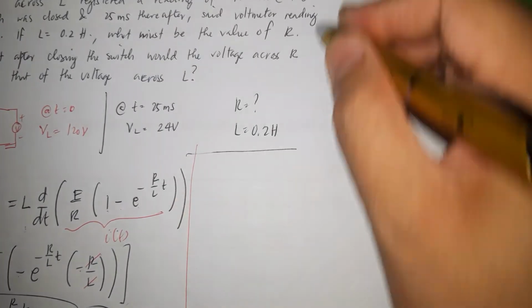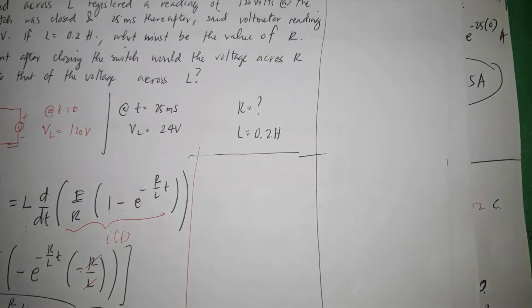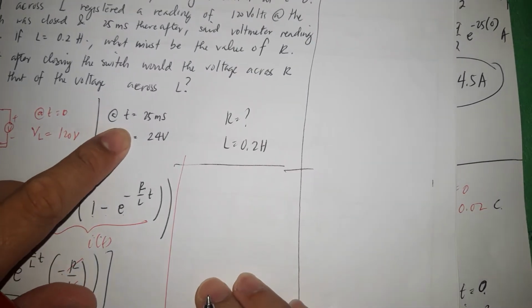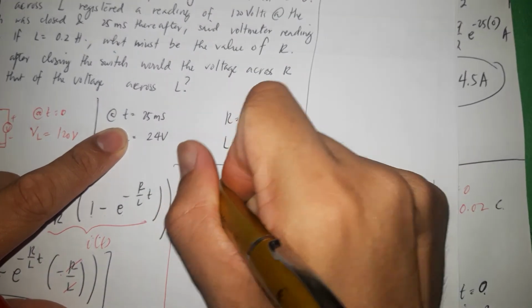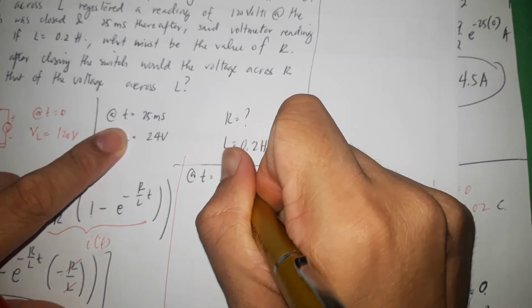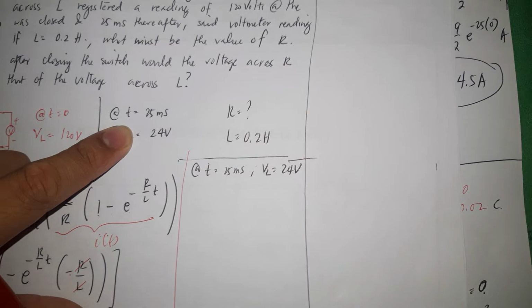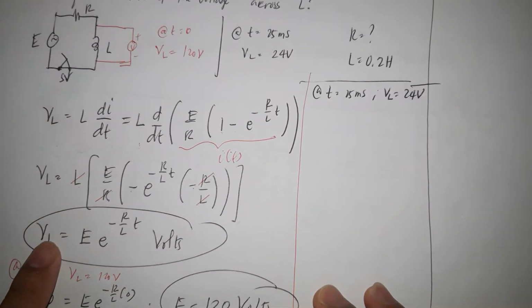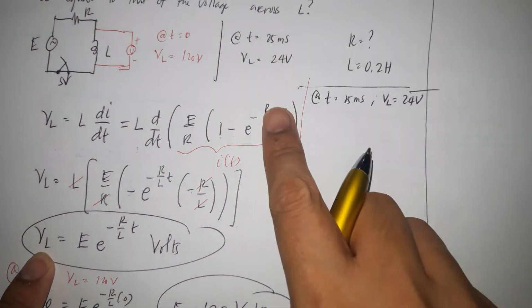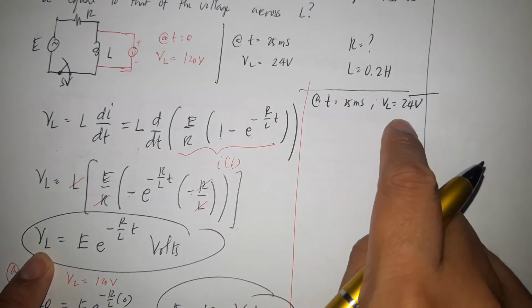Second condition. It says that at time t is 25 millisecond, your VL drops to 24 volts. So again, substituting, VL is 24 volts.